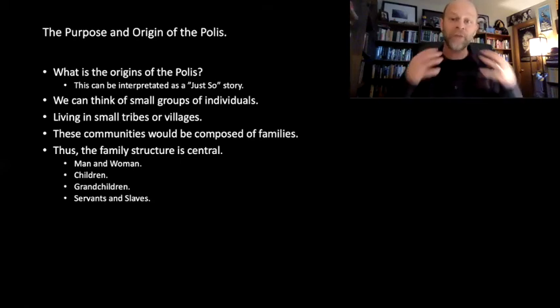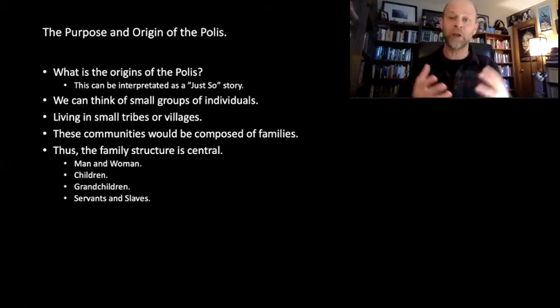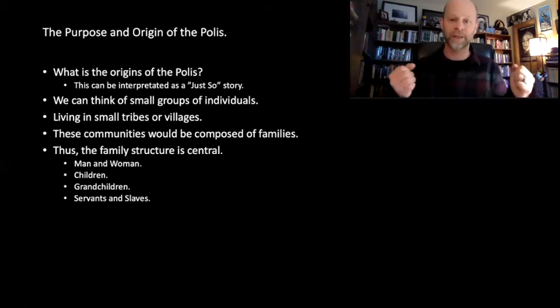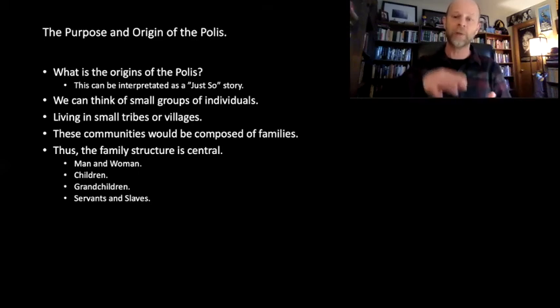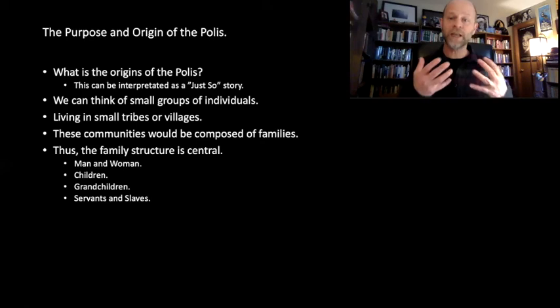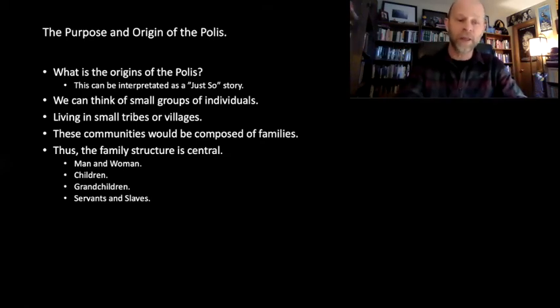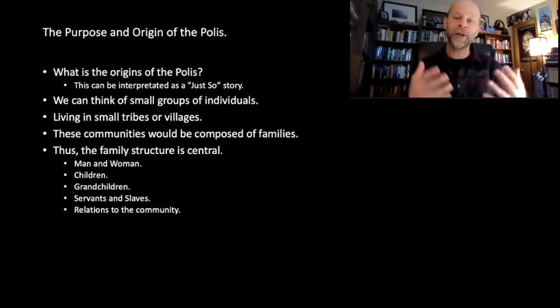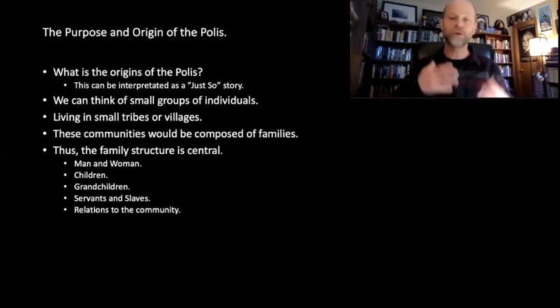And of course, given all of those different elements in this building up of a family, you have a hierarchical structure in place where one person is governing over another person, depending upon where in that structure you're looking. And of course, it doesn't end there. The family structure continues to grow outwards, and then you get relationships to the community in general. So you now have a community that's a very large family with different hierarchical structures and relations between the members of the community.